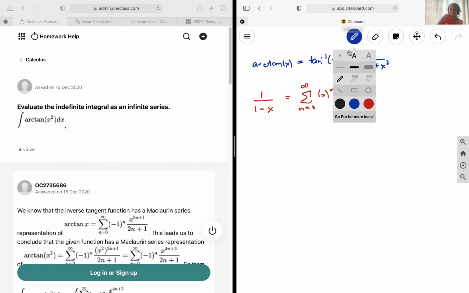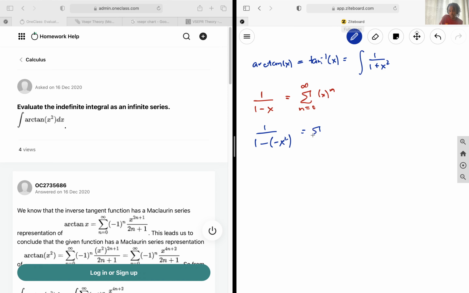And so now when we substitute in 1 over 1 minus negative x squared, which is what we have here, 1 plus x squared, you simply put in the negative x squared in the position of x. So n is equal to 0 to infinity, negative x squared to the power of n. We can pull out the negative as a negative 1 to the power of n and leave this as x to the power of 2n. So let's write that all out.